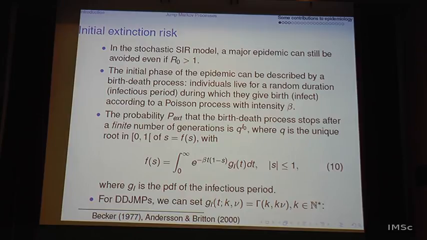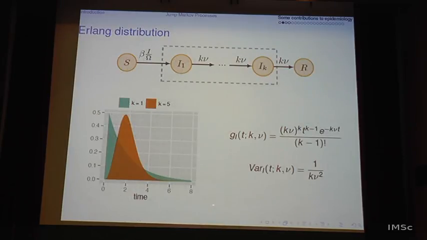So what does that mean? It means that for the duration of the infectious period, we don't necessarily want to assume an exponential distribution. We can have a more general family of functions called the Erlang distribution.